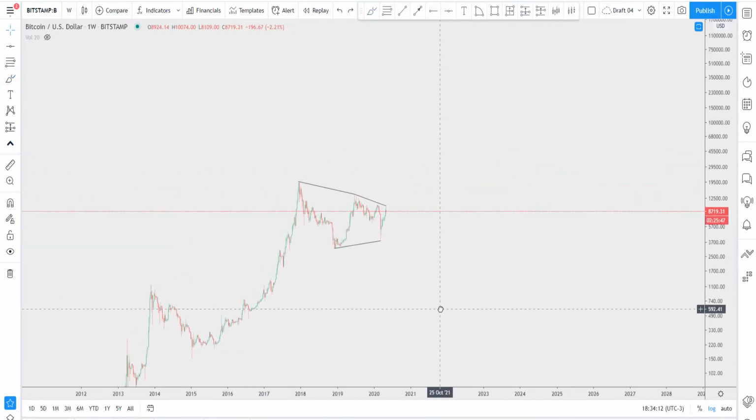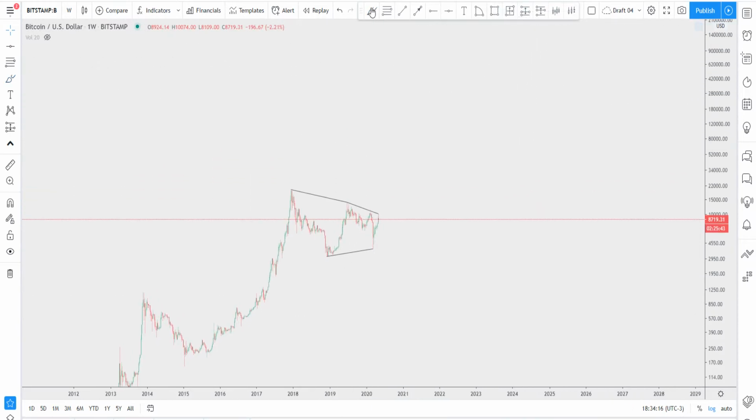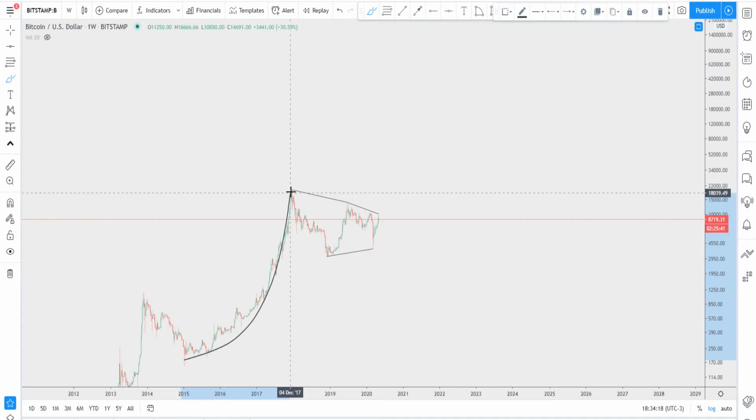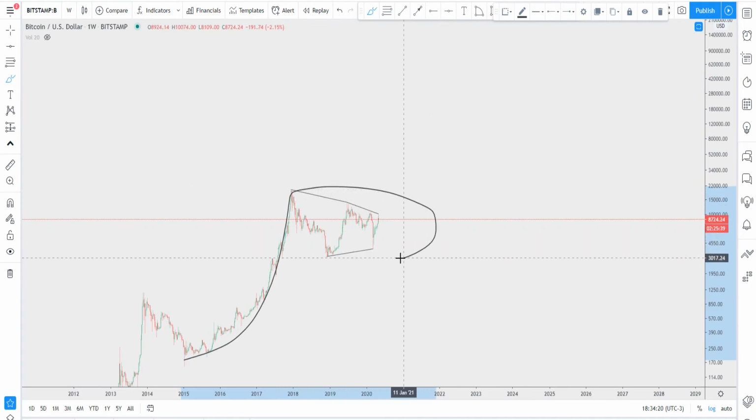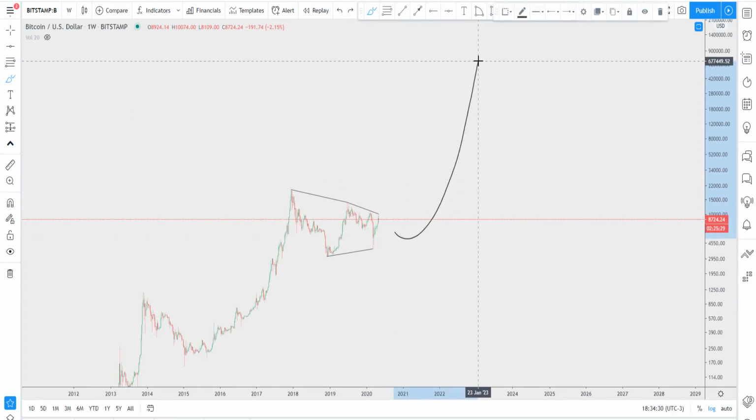Let's try to look at it like this, and then this big structure here, and the outcome of all this action will lead us to an explosion which people won't believe.